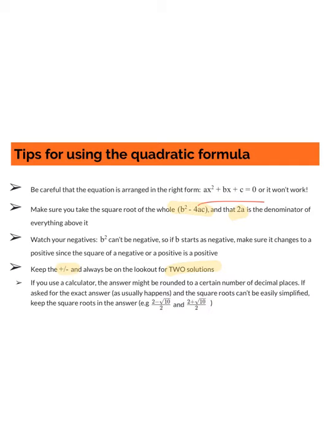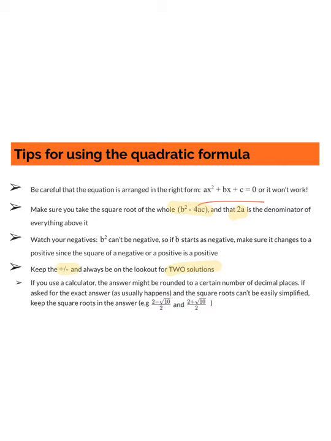Last tip, just be aware that if you type an irrational number into your calculator, it's going to round it to a certain number of decimal places, and that's fine. But if a question asks for the exact answer, and that does happen a lot, any square root that's not a perfect square can't be simplified.